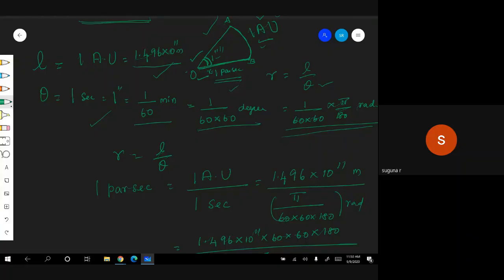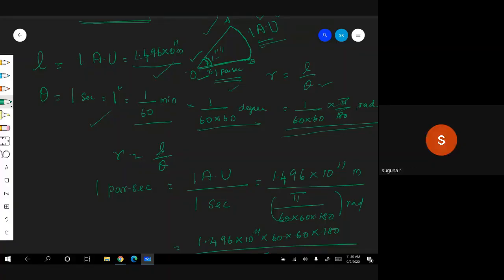Whatever calculations we make, we have to convert everything to SI units. I think right from 10th standard I told you in class itself, everything should be converted into SI units. Here, 1 astronomical unit is not an SI unit, and 1 second is not an SI unit for time. But it is a definition.